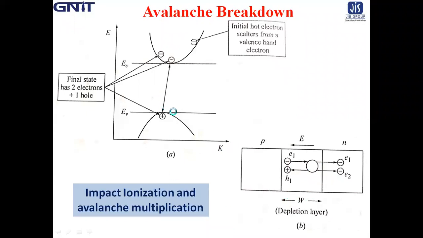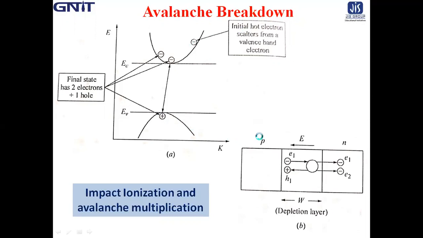This figure shows the impact ionization process, where a high energy conduction band electron in the initial state scatters from a valence band electron, generating one electron and one hole. In the final state, two electrons are available in the conduction band and one hole in the valence band.